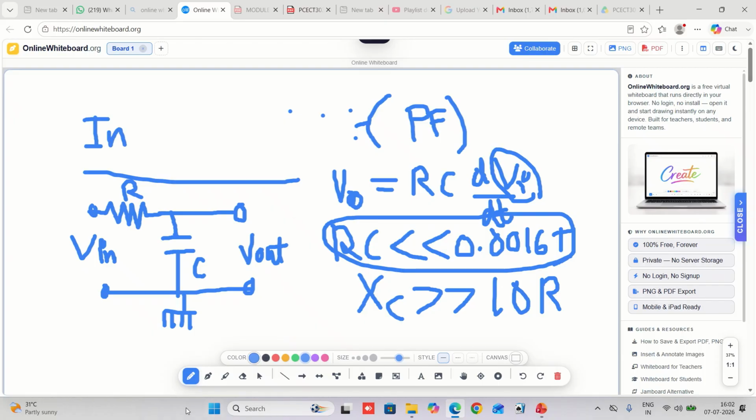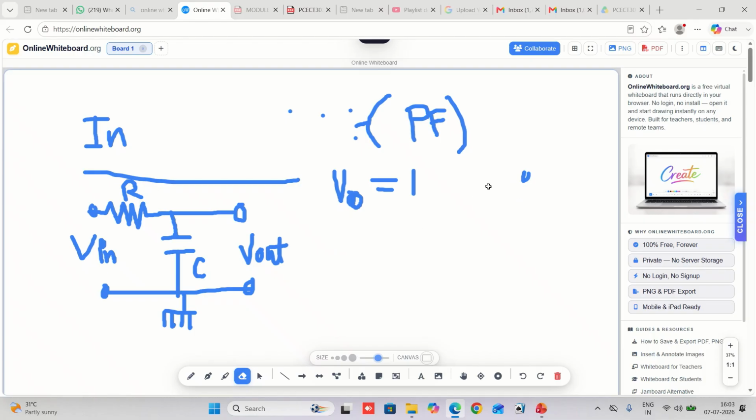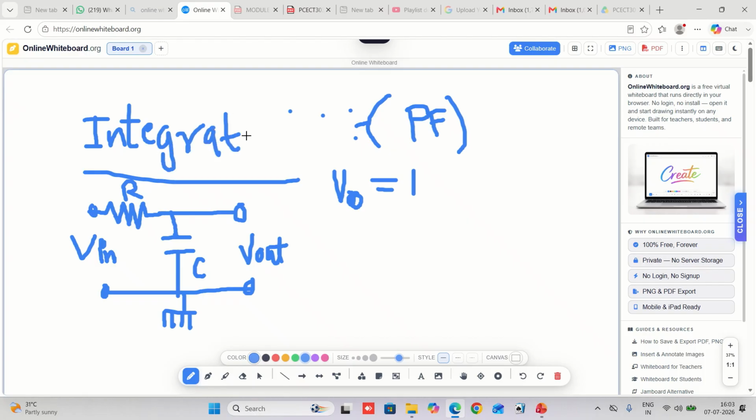Then what are the conditions for the circuit to act as an integrator, that we can check. For the circuit to operate as an integrator, the resistor is connected at the input side and the capacitor at the output side.